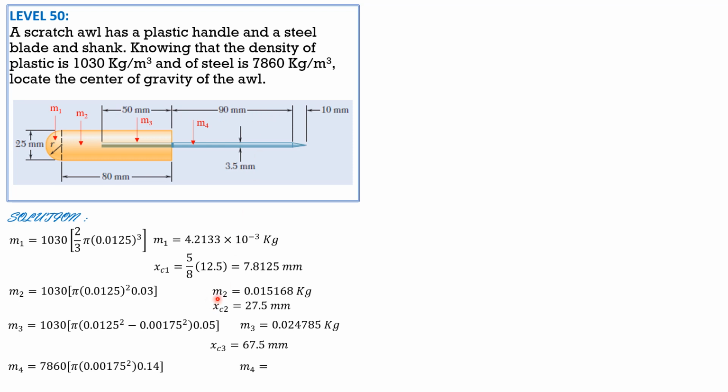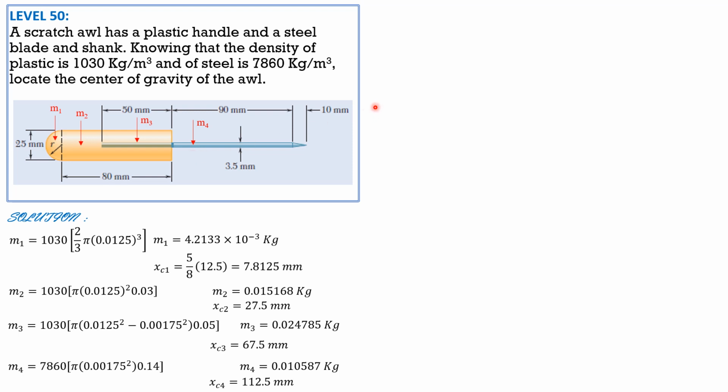So M4 is equal to 0.010587 kilogram. By the way, the location is 12.5 plus 30, 42.5, 42.5 plus half of 140, 70, 42.5 plus 70, 112.5. XC4 is 112.5 mm.